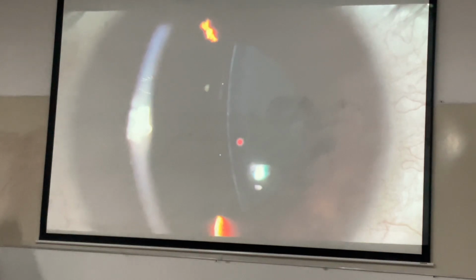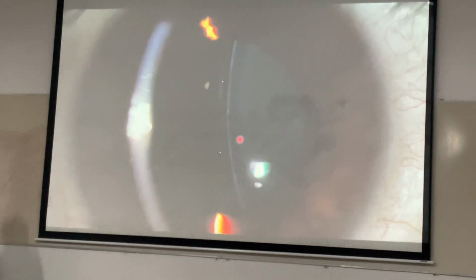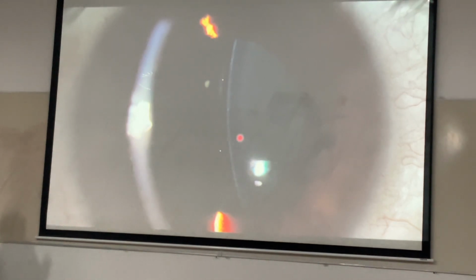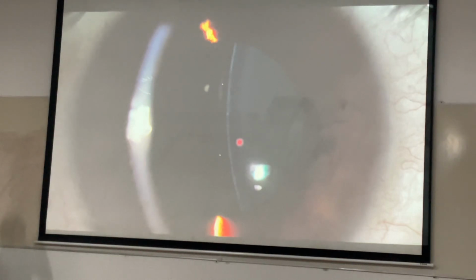Dilating drops increase the pupil size so that we're able, as ophthalmologists or as students or as healthcare professionals, to clearly see the back structures of the eye. In order to see the back structures of the eye, we need to use light. But if we use light without any aid from medications, the pupils will constrict. So it's hard for us to examine what's in the back part of the eye.